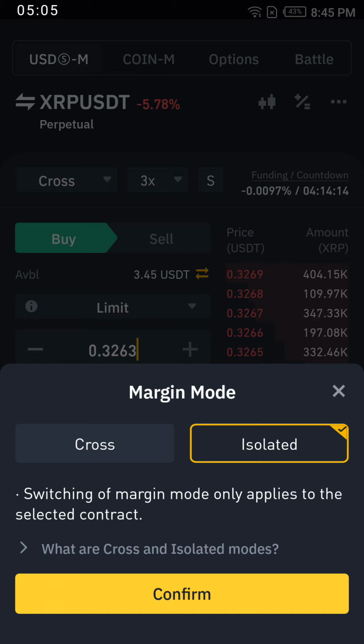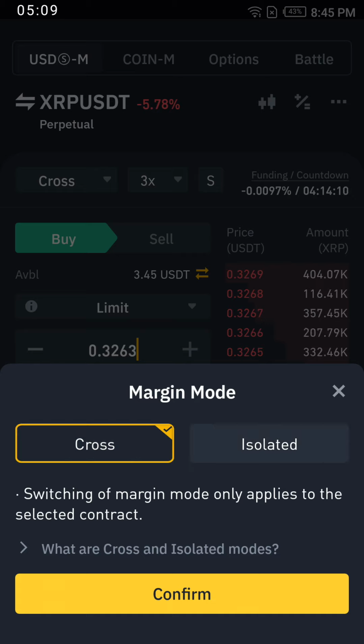So that is the difference. I'm going to use cross, but for your own safety, I will always advise people to use isolated. If you need to save yourself from a trade, you can add another trade with a smaller margin.